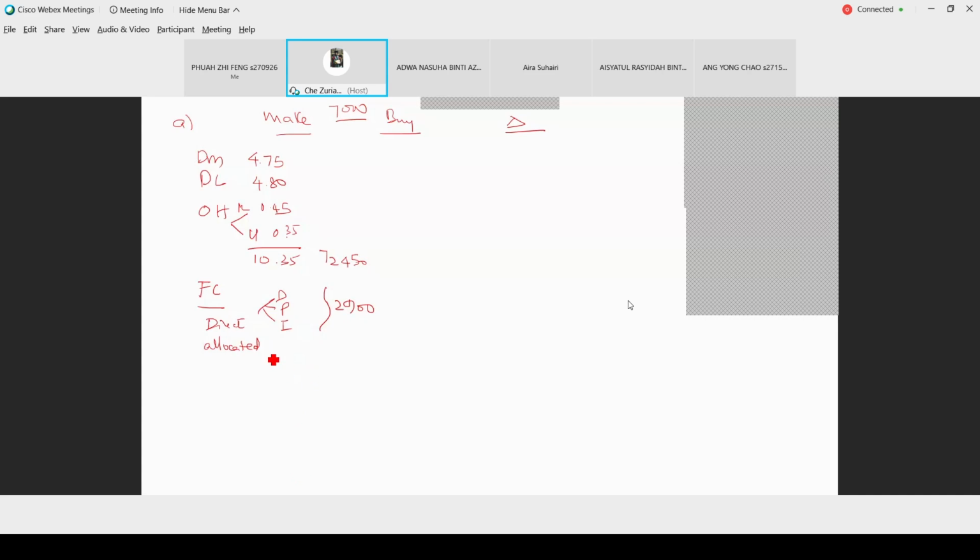And then for allocated same. Depreciation, property tax, insurance. So the total 1,700. Okay, so total here should be berapa?